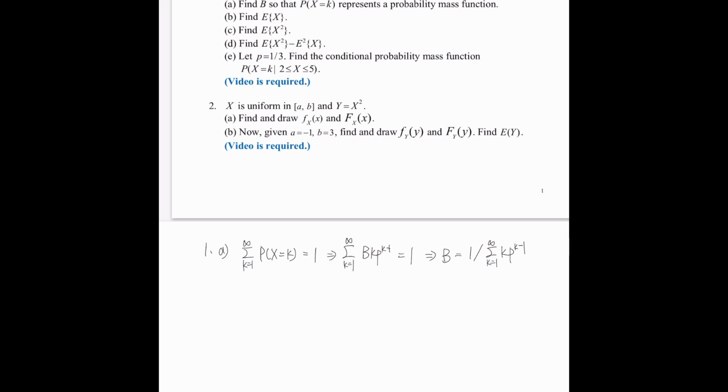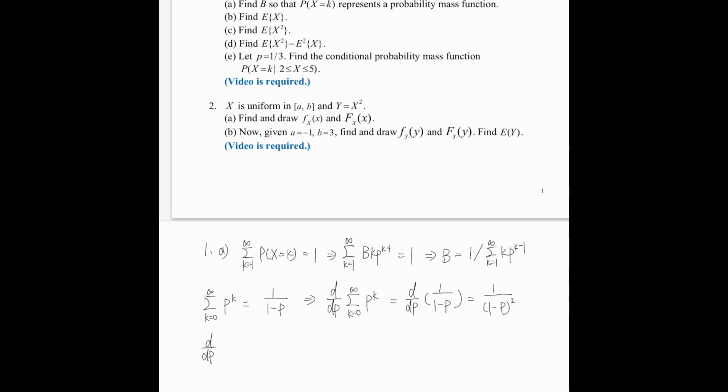To figure this out, we can calculate the sum from k equals 0 to infinity of p to the kth power. This equals 1 over 1 minus p. And we can differentiate both sides. d over dp of the sum from k equals 0 to infinity of p to the kth power equals d over dp of 1 over 1 minus p, which equals 1 over 1 minus p squared.